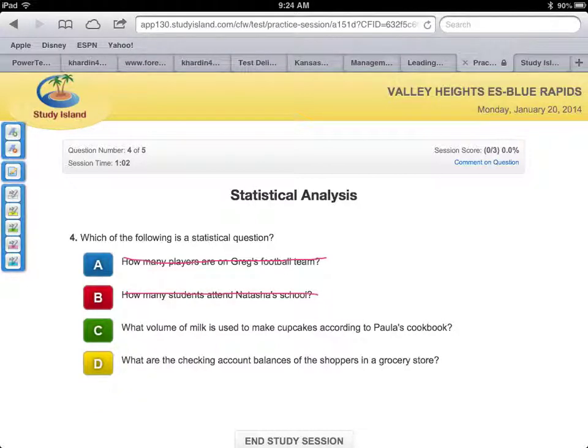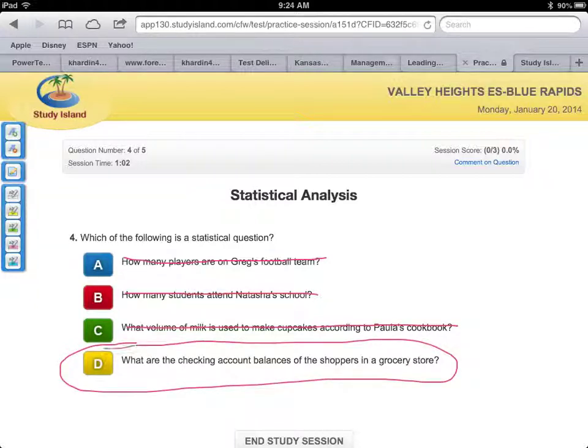What volume of milk is used to make cupcakes according to Paula's cookbook? Again, you look in her cookbook, that's one piece of information. But what are the checking account balances of the shoppers in a grocery store? Let's say in a grocery store there's 15 shoppers, you're going to get 15 different answers. For that, you could find the mean, the median, the range, because you have more than one answer. So this would be a statistical question that we could work with.